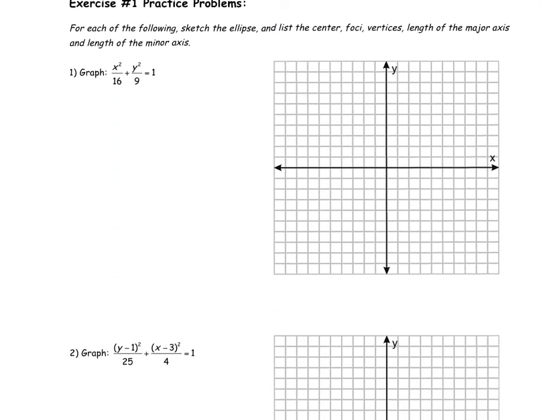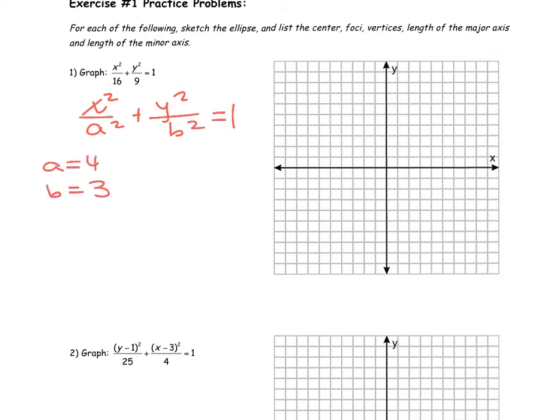So now we're going to graph and sketch the ellipse. We're going to find the center, the foci, the vertices, and the length of the major and minor axis. So let's start off with the first one. And now notice, this is actually the exact same problem as what we just did before. So we already know that this is written as x squared over a squared plus y squared over b squared, where we said a is equal to 4 and b is equal to 3.